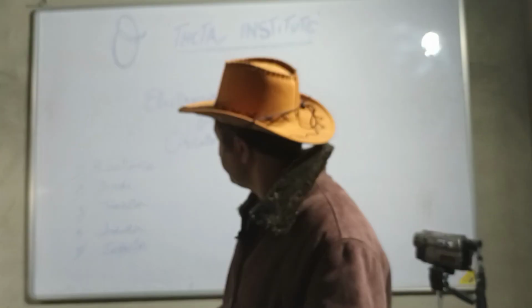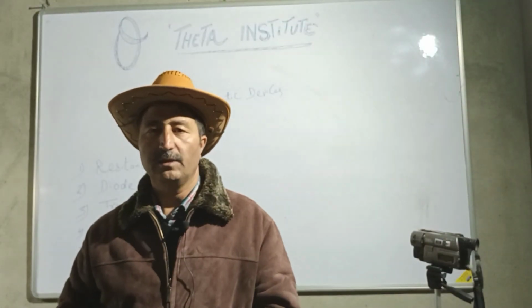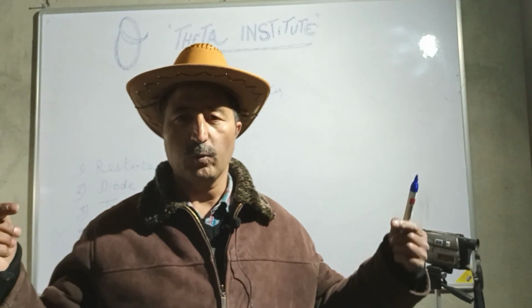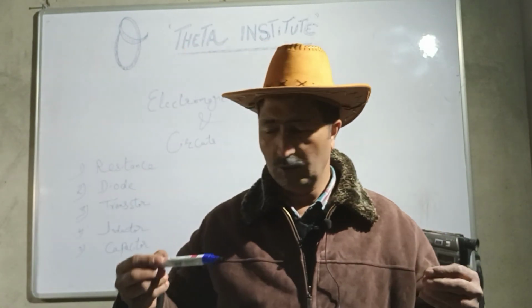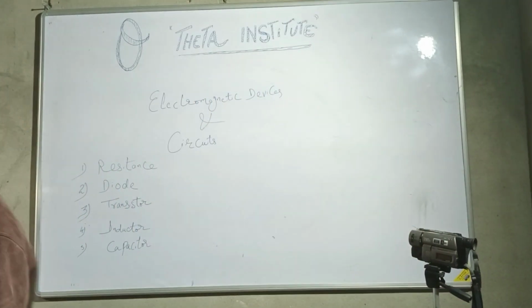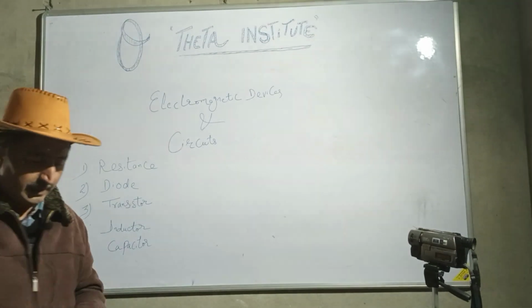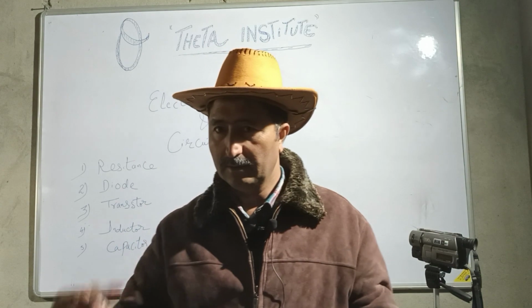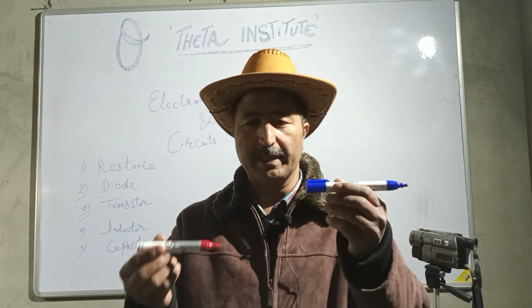And diode is a device which allows one way flow from positive to negative. That means if a diode is connected in a circuit, this is positive and this is negative.